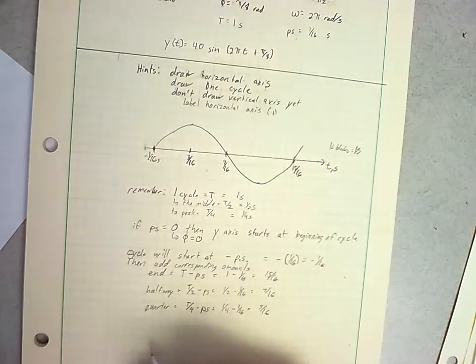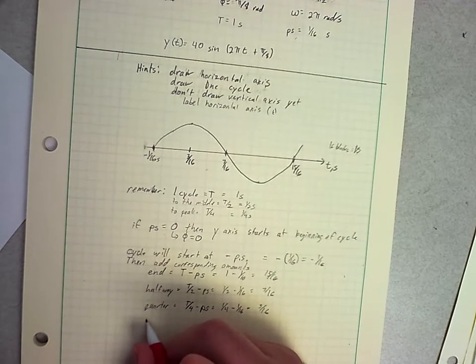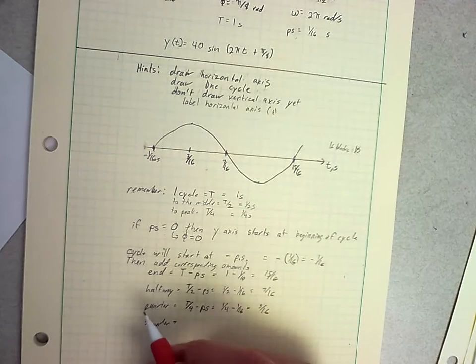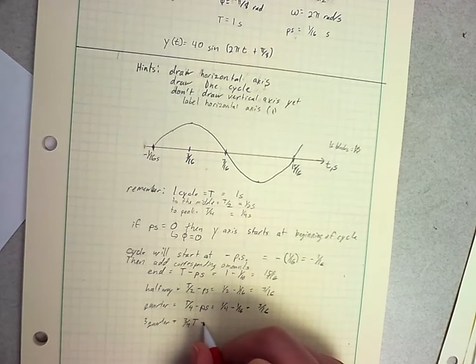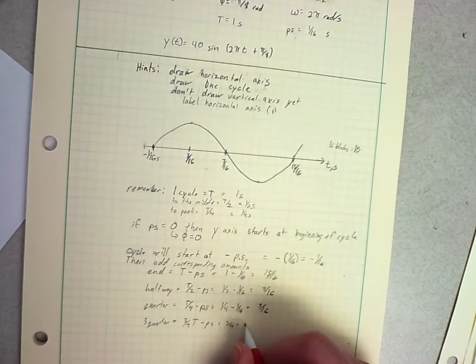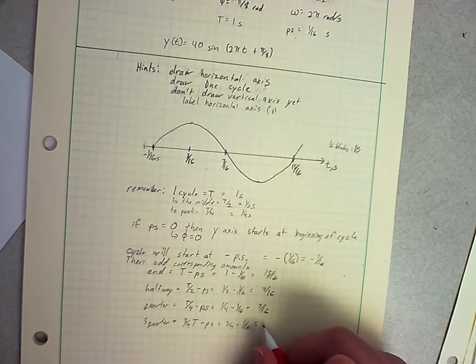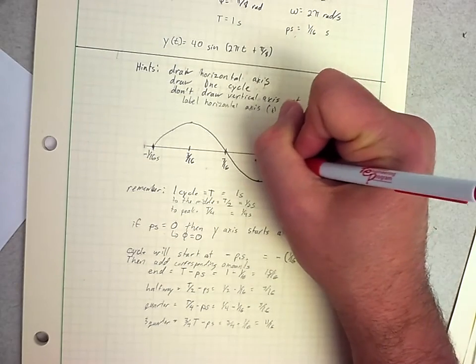My 3/4 point would be 3/4 of T minus my phase shift, so it's 3/4 minus 1/16, which is 11/16. So these are my main points that are easy to find.